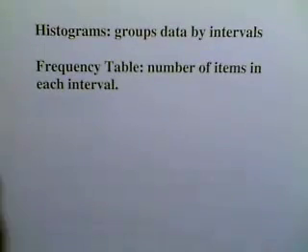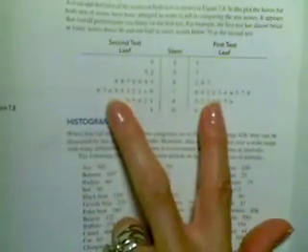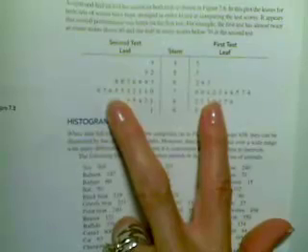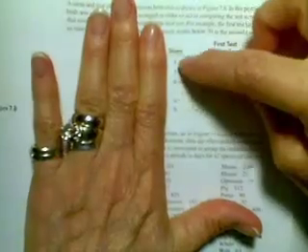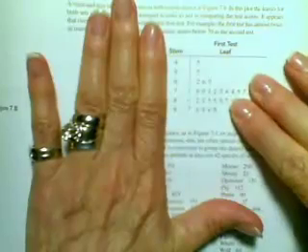If you're given data like you have on page 445 in your textbook, by the way, before I go on, you can have a stem and leaf plot that compares 2 sets of data. The stem would read 45, 57. This would represent one set of data.